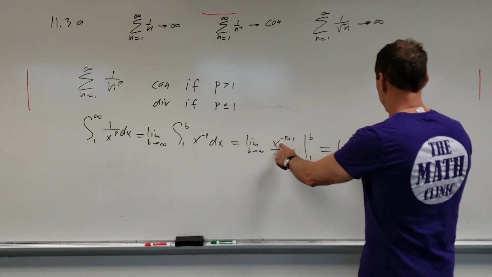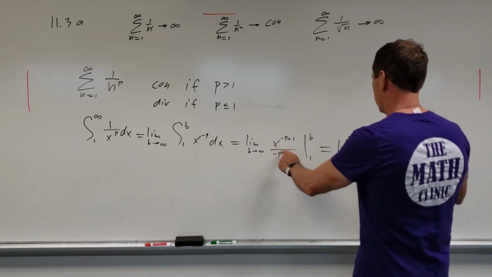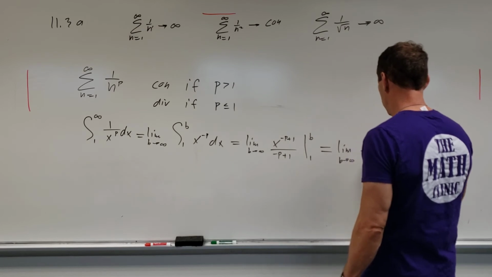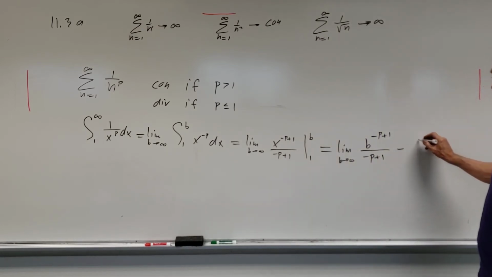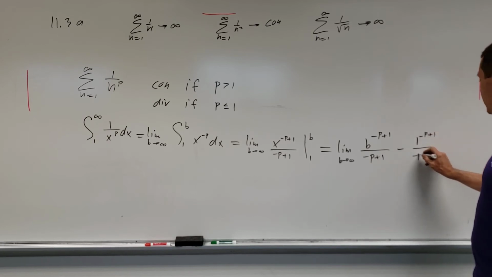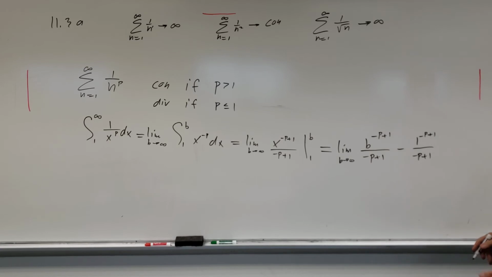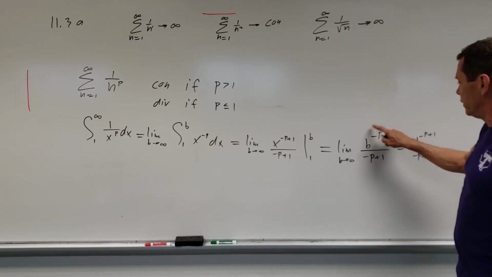Plug in your b, so you get b to the minus p plus 1 over minus p plus 1, minus, plug in your 1, you get 1 to the minus p plus 1 over minus p plus 1. Now you decide if this is going to converge or not. And really the only thing I've got to worry about is this term right here. Is this going to converge?